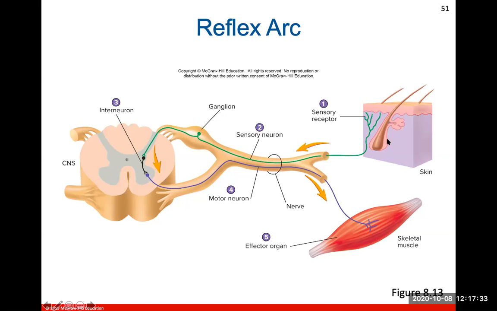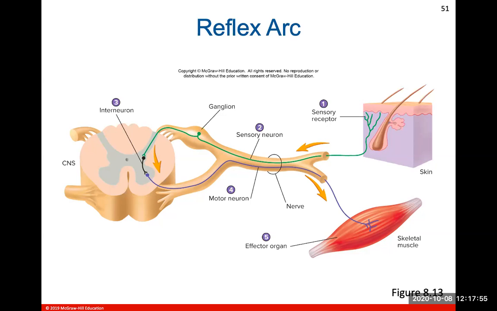And I'm just going to give you an example. If you touch a hot stove, or if you touch something that produces immediate pain that your sensory receptors in your skin will receive, that will produce an immediate response and cause your effector organ, usually a muscle, to remove itself from that painful stimuli.